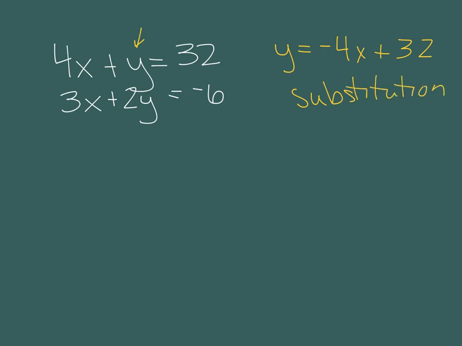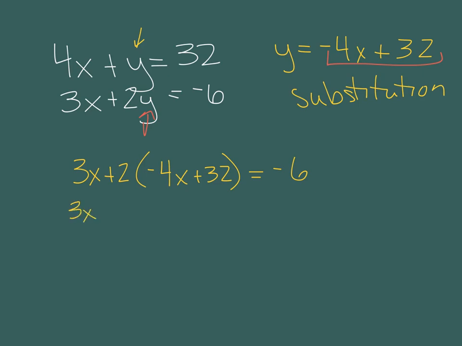Okay. So now that I know what y equals, I can substitute that in for this y. So I'm going to write 3x plus 2y, and y is negative 4x plus 32, equals negative 6. After I do that, I'm going to distribute this 2, so I have 3x. 2 times negative 4x is negative 8x. 2 times 32 is 64.